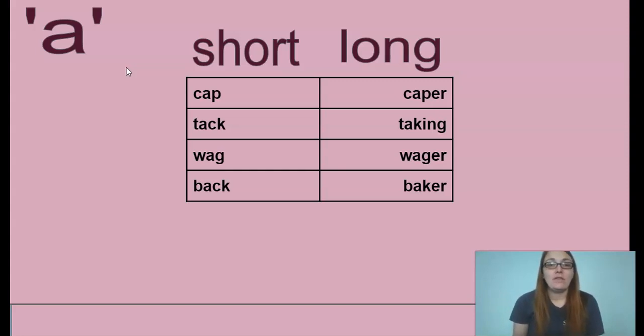You will know if it's a long A sound because the word will be a multi-syllable word, meaning it has more than one syllable, like caper, 2 syllables, whereas cap is just 1. And the A in caper is the end of the first syllable. Ca ends with an A, so that makes it a long vowel sound. Whereas, again, cap is only 1 syllable, and the sound in that word is in the middle.